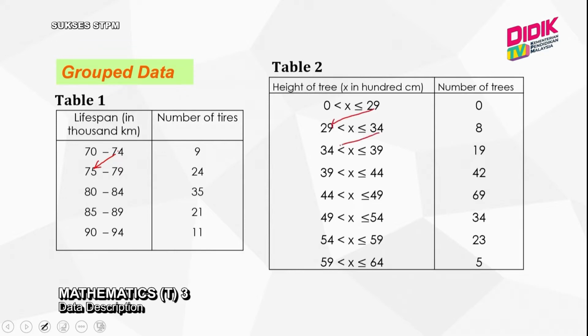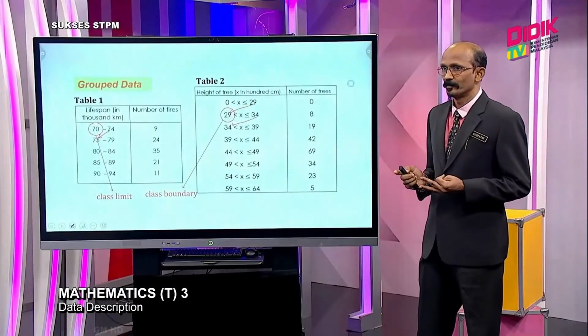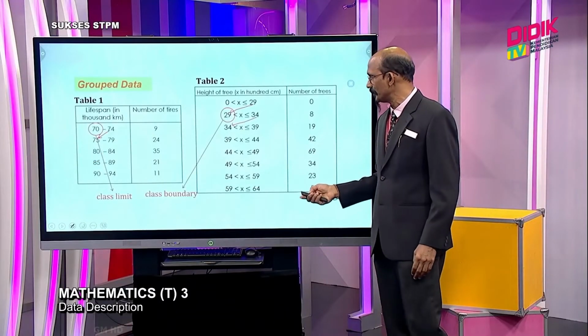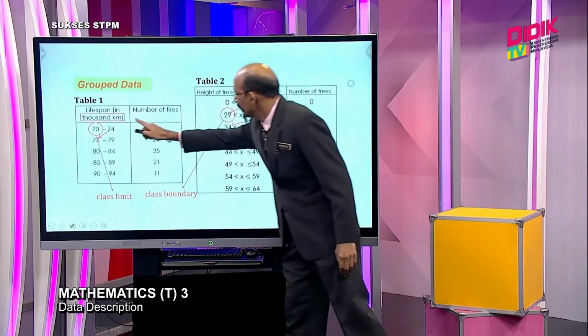From this, you should know that the first shows class limits, whereas the second shows class boundaries. These two are very important, because if you make a mistake here, then your MOCT and MOD will be totally wrong.